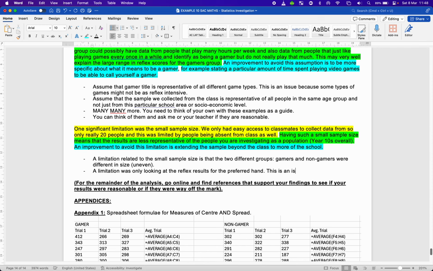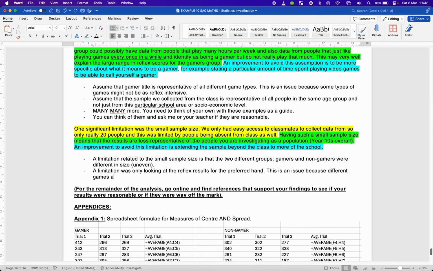This is an issue because different games and different activities can involve the hands in different ways.